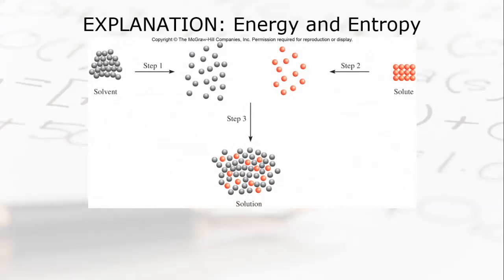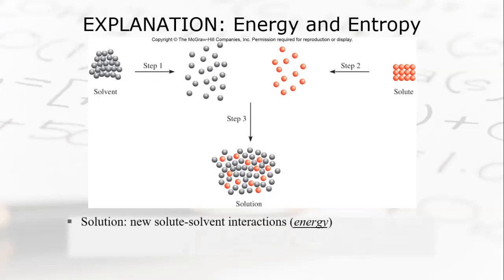Remember that we're proposing that the path to making a solution is steps 1 and 2, you essentially break up interactions between solvent molecules and between solute molecules. And then you form new interactions as you make the solution, right?